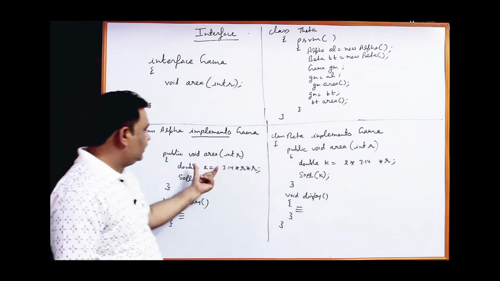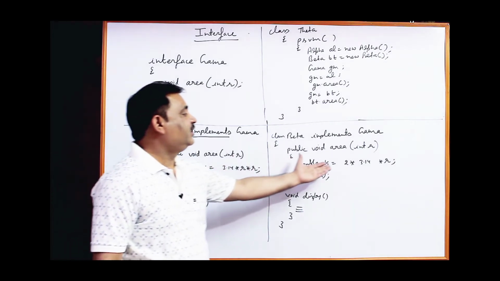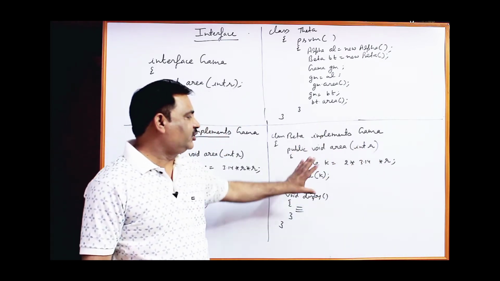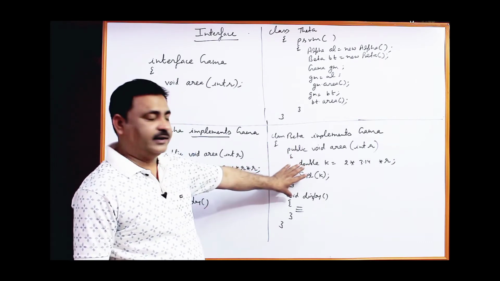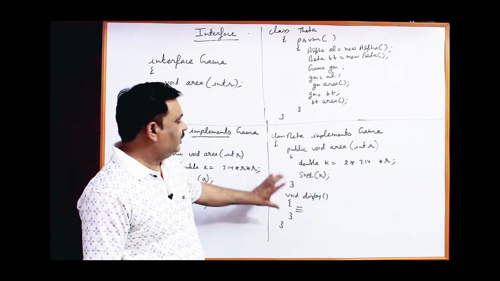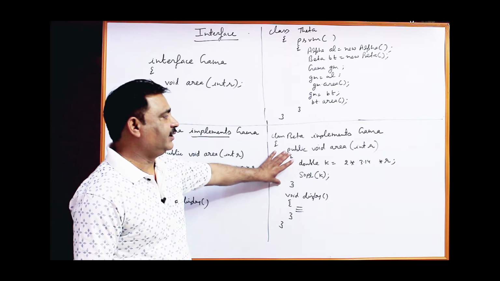Here the area is calculated as pi r square, the area of a circle. Here it is calculating something like 2 pi r, or any other formula or calculation. The definition can be different, but the name must be the same. In the same way we are printing something. Any other functions can be there, but this one is a must to define here.